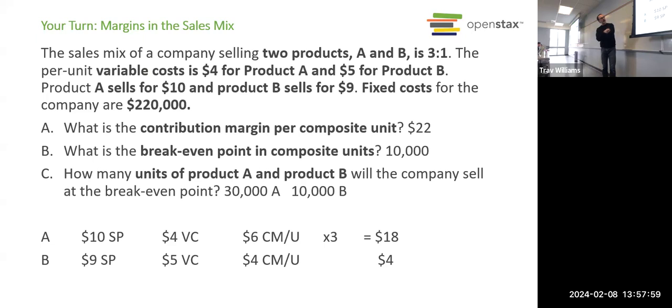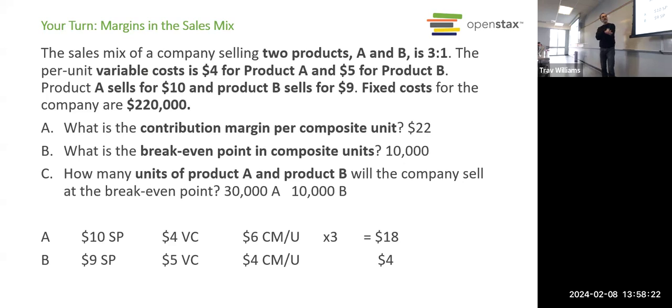Okay. And how many units of product A and product B will the company sell at the break-even point? So if we need to sell 10,000 composite units, that'll be 30,000 units of A, 10,000 units of B, right? Because it's a 3 to 1 ratio.